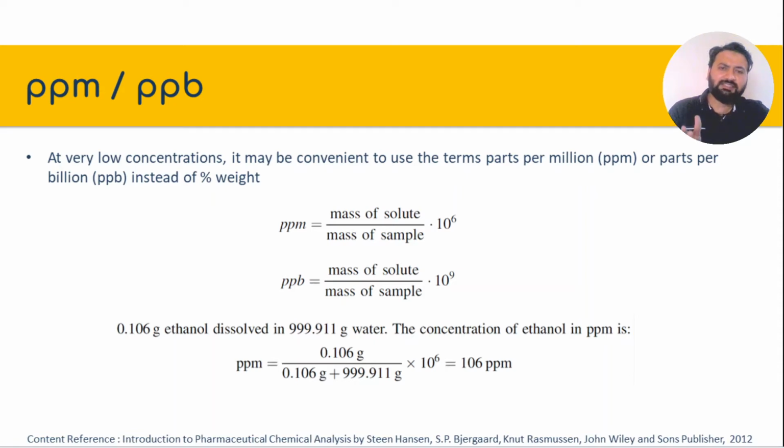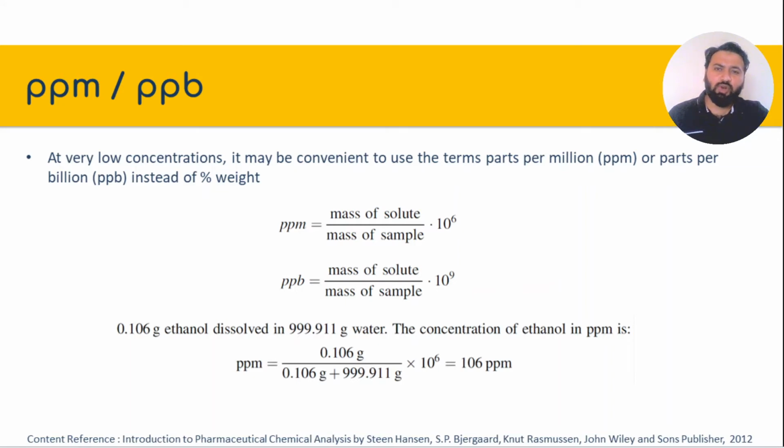Let's see an example to convert gram into parts per million. We have 0.106 gram of ethanol. The ethanol is a liquid, but we can convert it to gram by the density, which is equal to mass by volume.